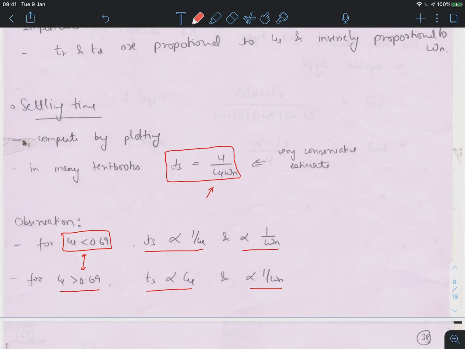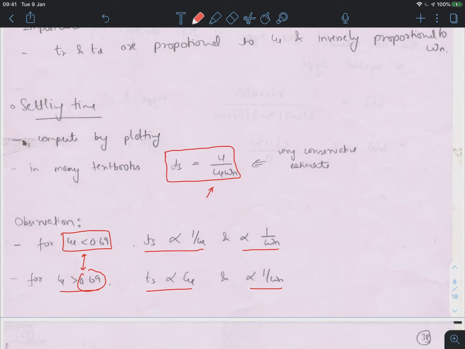Basically this comes from the frequency domain analysis, when we come to the computation of the bandwidth of the closed loop system. So this particular value 0.69 we will see there. That is why I say that this formula particularly is quite a conservative estimate of the settling time.